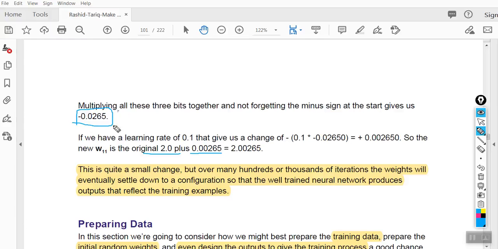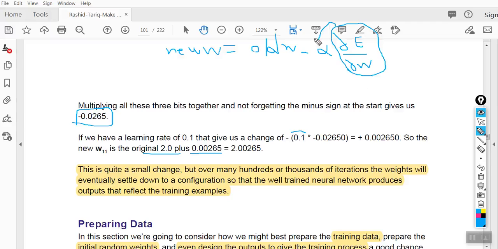Okay, after we calculate this, we multiply it by the learning rate, and according to the equation above, new W is equal to old W minus alpha times the partial derivative of E with respect to W. We calculate this, multiplied by this.